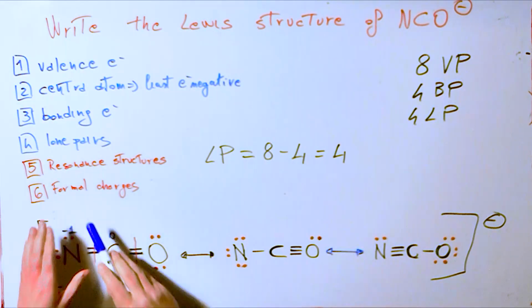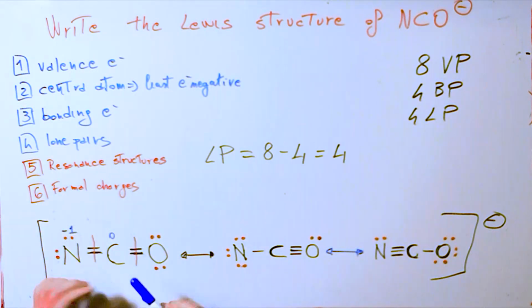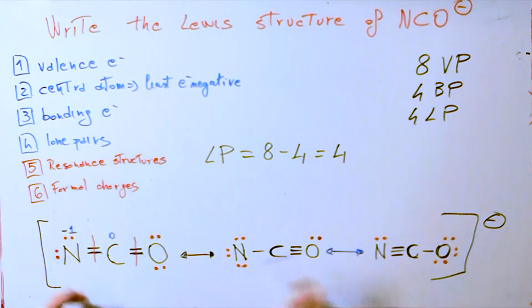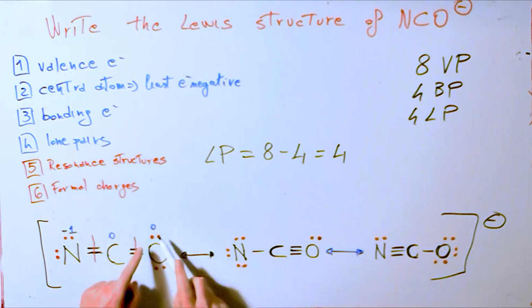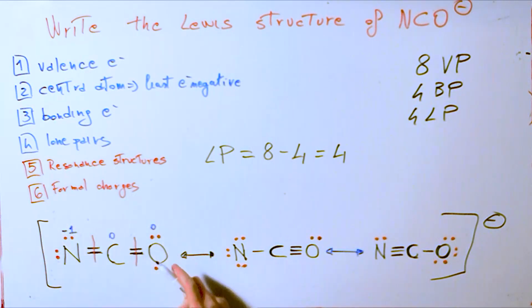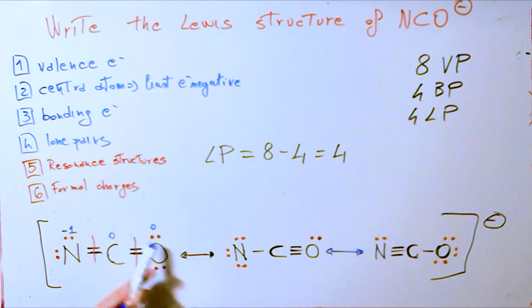Now, since the total formal charge should be equal to the charge of the molecule, and since the charge of the molecule is minus 1, this means that this oxygen should be 0, otherwise I cannot have a total charge of minus 1, okay? So you can either repeat the calculation of the formal charge for oxygen, or you can consider the total charge which should be on this molecule.